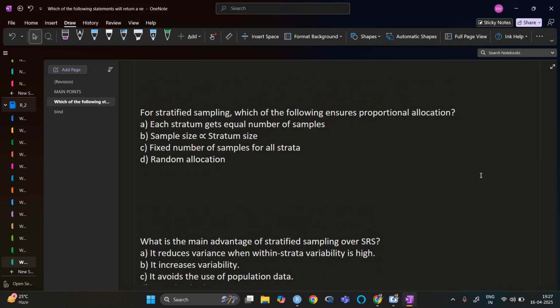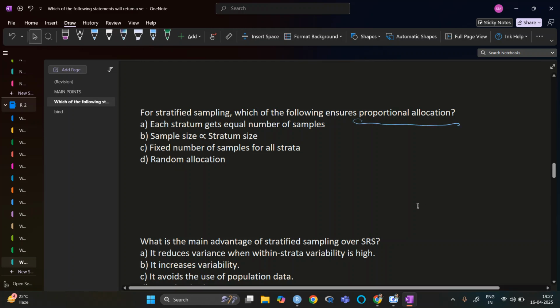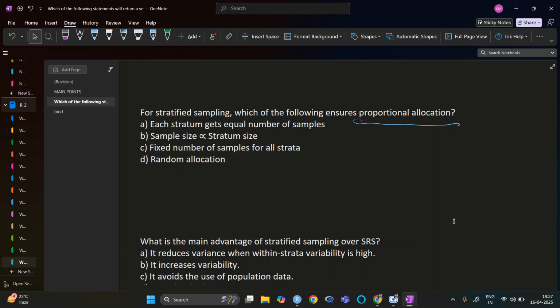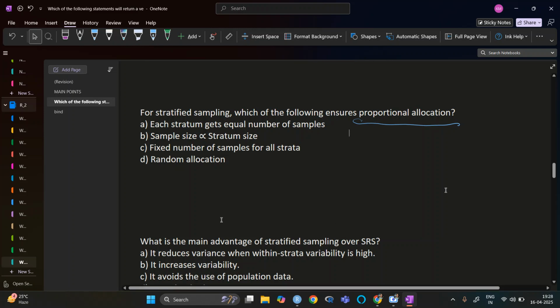If you have an equal number of samples for each stratum, then it is equal allocation, not proportional allocation. Fixed number of samples for all strata is also not proportional. Each stratum's sample size proportional to stratum size is proportional allocation. Sample size equal to stratum size is proportional, not equal.